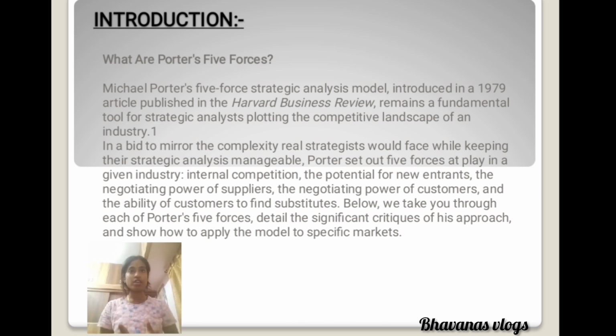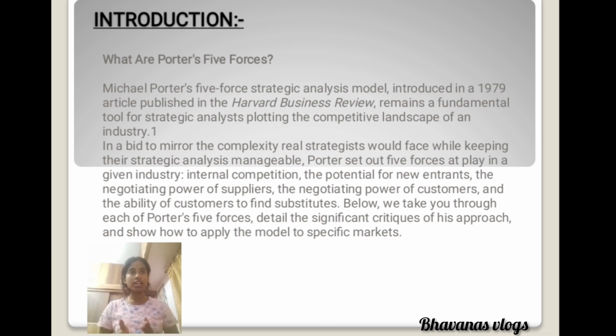In other words, it addresses the complexity that real strategists face while keeping their strategic analysis manageable. Porter put forward the 5 Forces model to give importance to the industry, to competitors, and to negotiation with suppliers, competitors or customers, the potential for new entrants, and the ability of the customers, for the final sustainability of the industries.